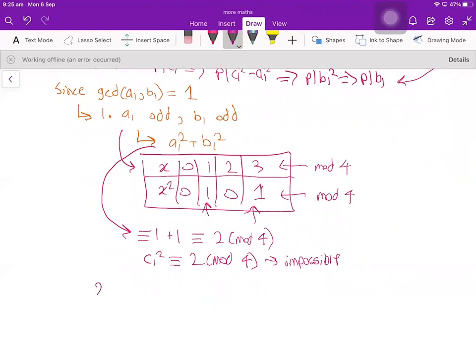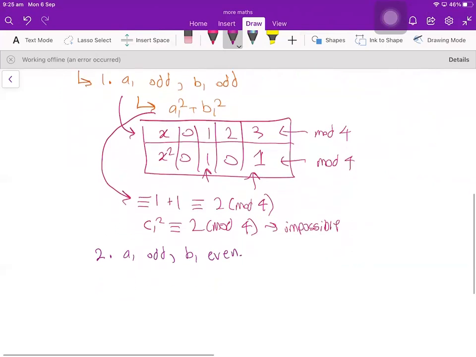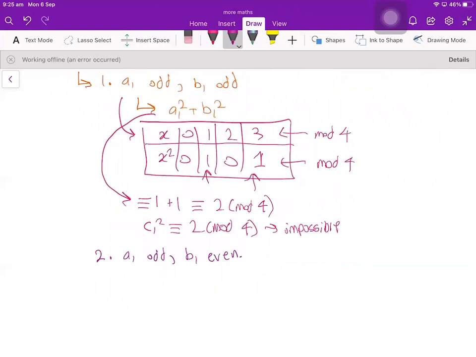Now let's have a look at the second case where a1 is odd and b1 is even. In this case, we'll have c1 squared equals a1 squared plus b1 squared. Since a1 is odd, a1 squared is odd, and since b1 is even, b1 squared is even.